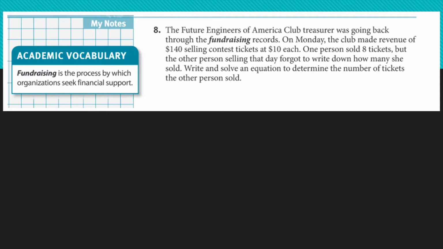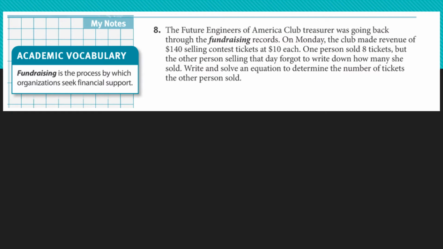Let's see. So I guess x would be the tickets that person sold, because that's what we're looking for. So we want to always define a variable before we go off writing an equation. So we know that the total income was $140, and we know that the tickets were $10 each. So I don't know, that might confuse you the way I did that.